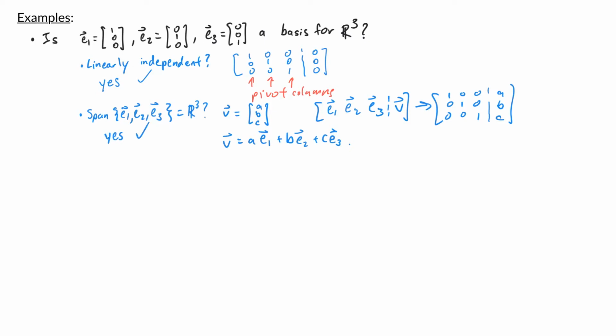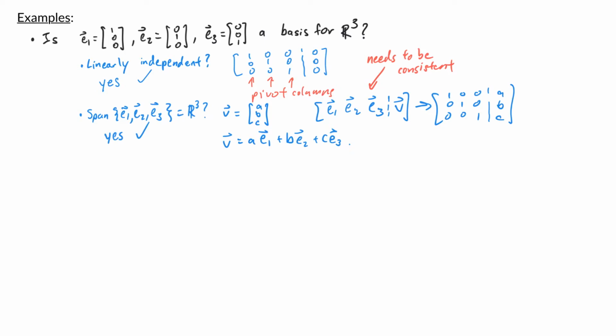Now when you're using this method of checking, you have this augmented matrix formed with your vectors augmented with an arbitrary element of your vector space. As long as this matrix is consistent, then the answer is yes. Another way to tell that the span of e1, e2, e3 is all of R3 is because R3 is a three-dimensional vector space. Now we know that the vectors e1, e2, and e3 are linearly independent, so their span is going to be a three-dimensional vector space.